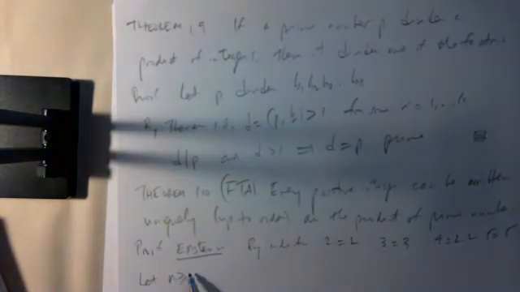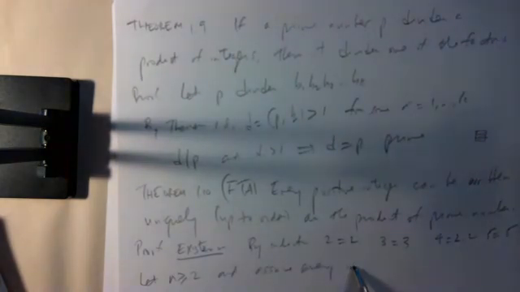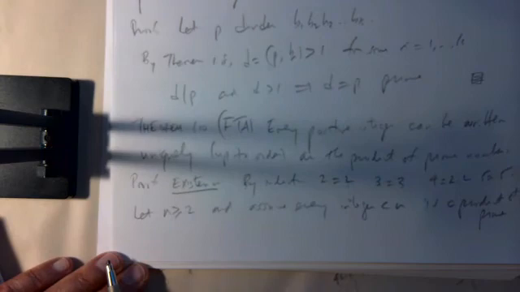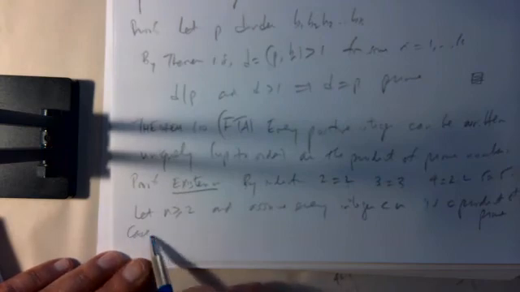So let n be at least 2, and assume every integer less than n is a product of primes. We have to prove it's true for n. So there are 2 cases.